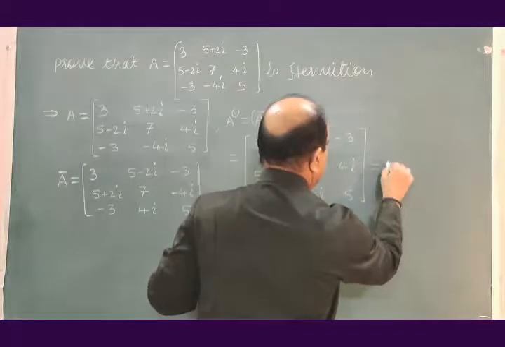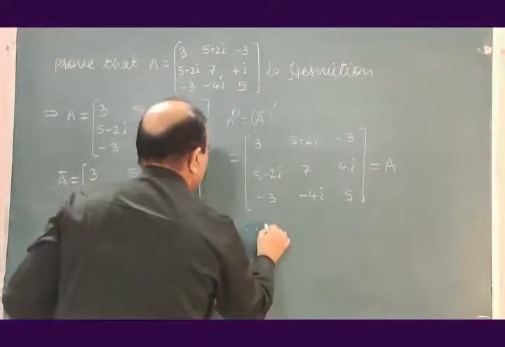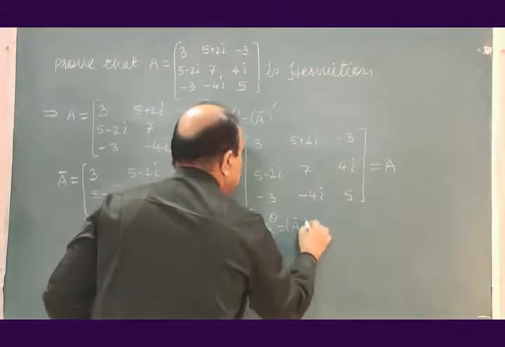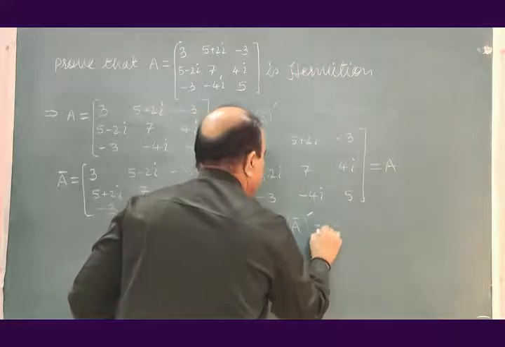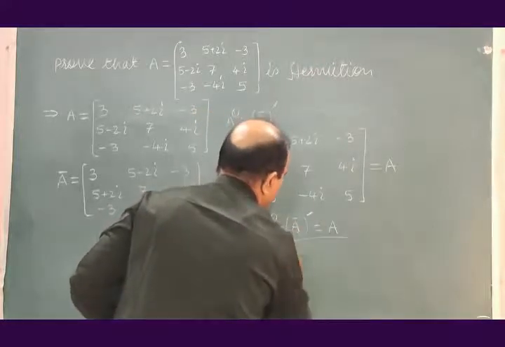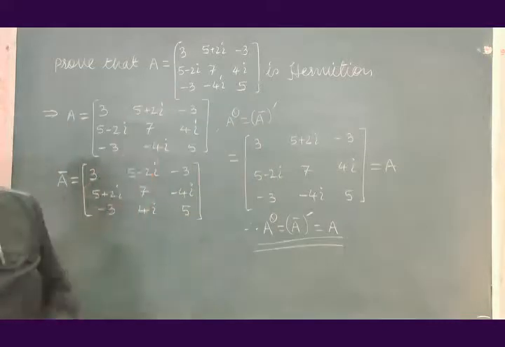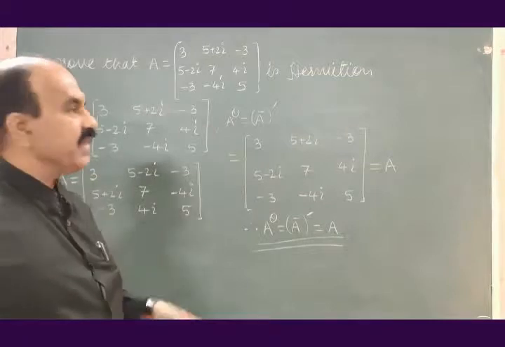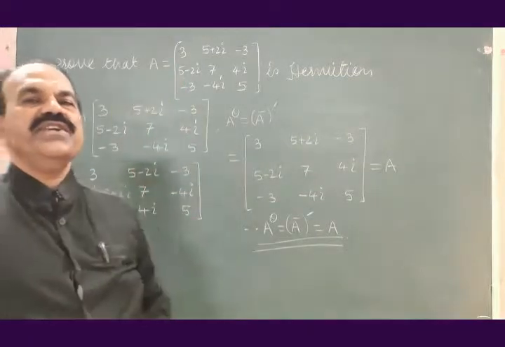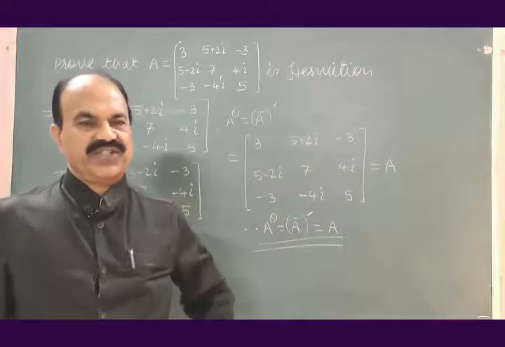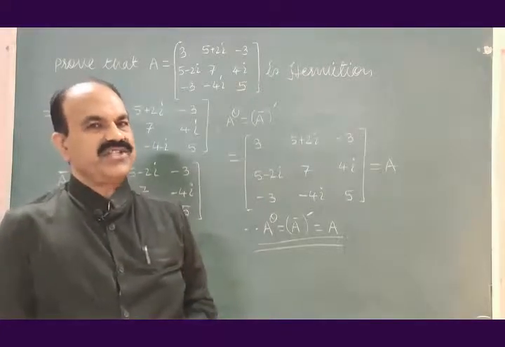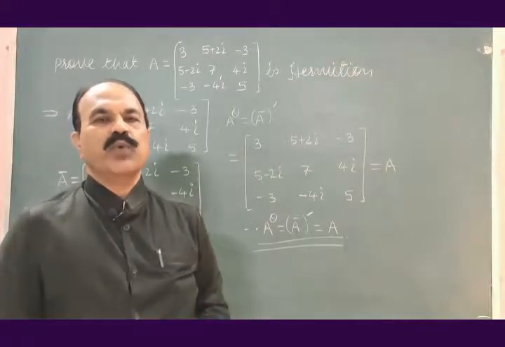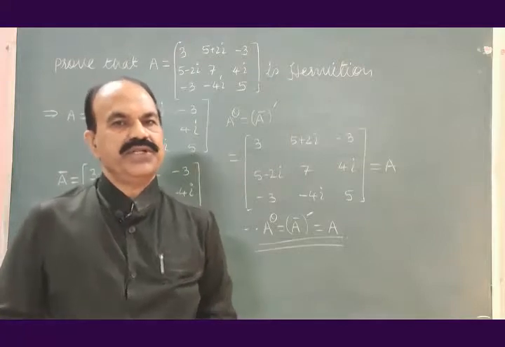It is nothing but A. Therefore, here we have A theta, or transpose of conjugate of A, is equal to A, and from this equation the conclusion we draw is the given matrix A is Hermitian matrix. So this is about Hermitian matrix and two problems on Hermitian matrix. You may try more problems. Hope you understood it. Thank you.